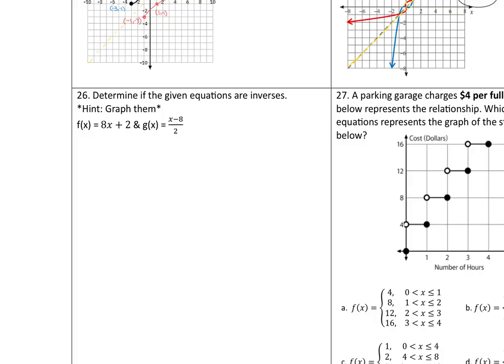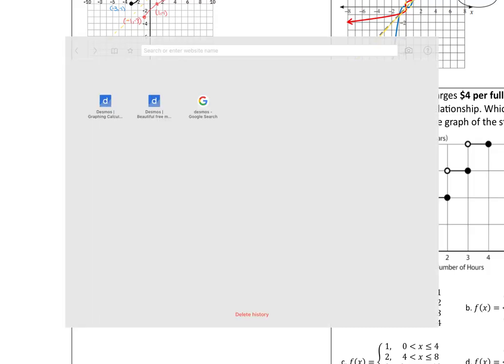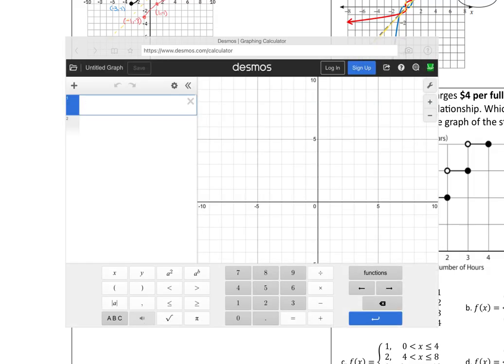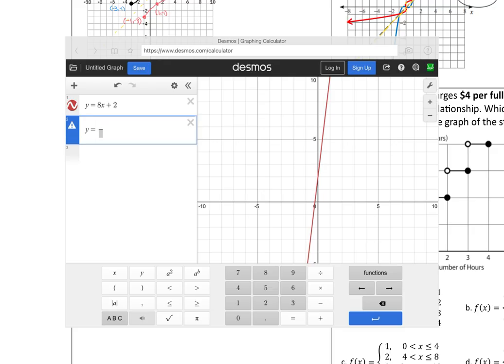And it says for 26, determine if the given equations are inverses. So you will have a calculator and you'll have a Desmos. I'm going to add my Desmos, and we're going to graph the two of them. y equals 8x plus 2. My other equation is going to be y equals x minus 8 over 2.